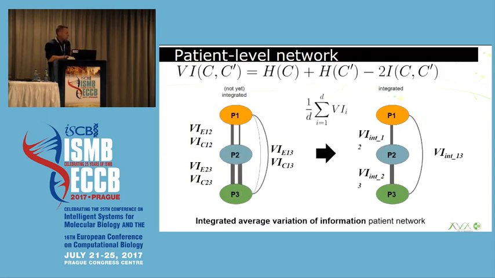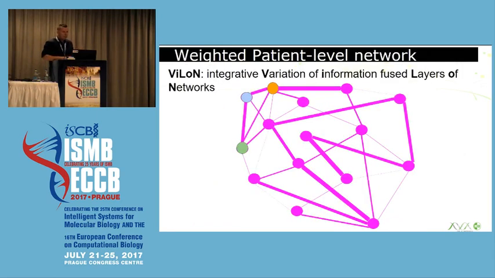So as VI is a metric, we can perform any calculations directly on the values that we got without any special normalization or anything like this. So what we are doing here is integrating the VI values of all the data types per patient by averaging the VI, the variation of information.